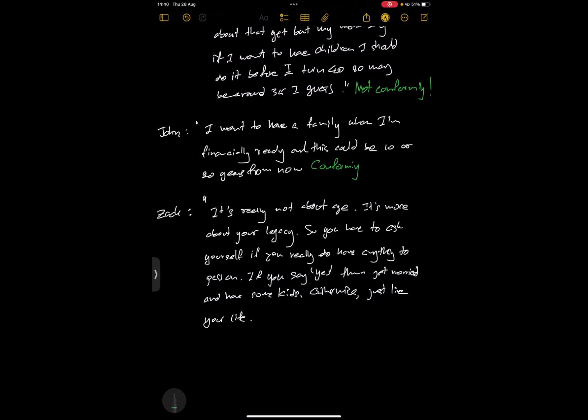Now, legacy could mean know-how, or something you discover. Some trade secrets, or some very fascinating, amazing way of doing something that is valuable.